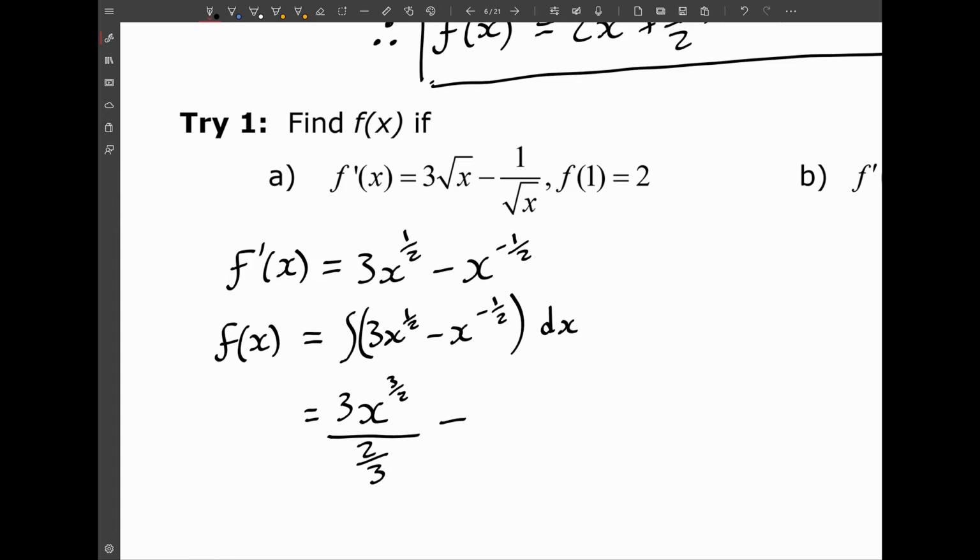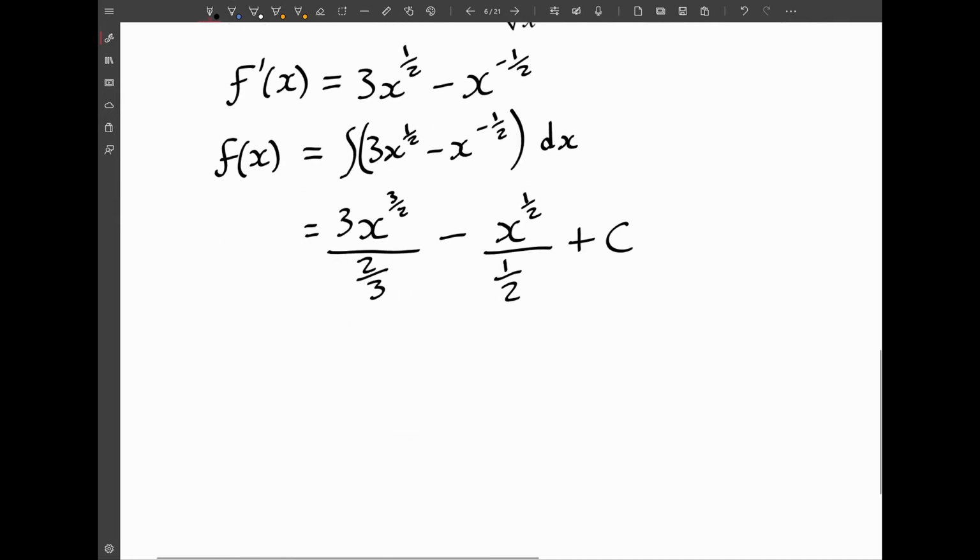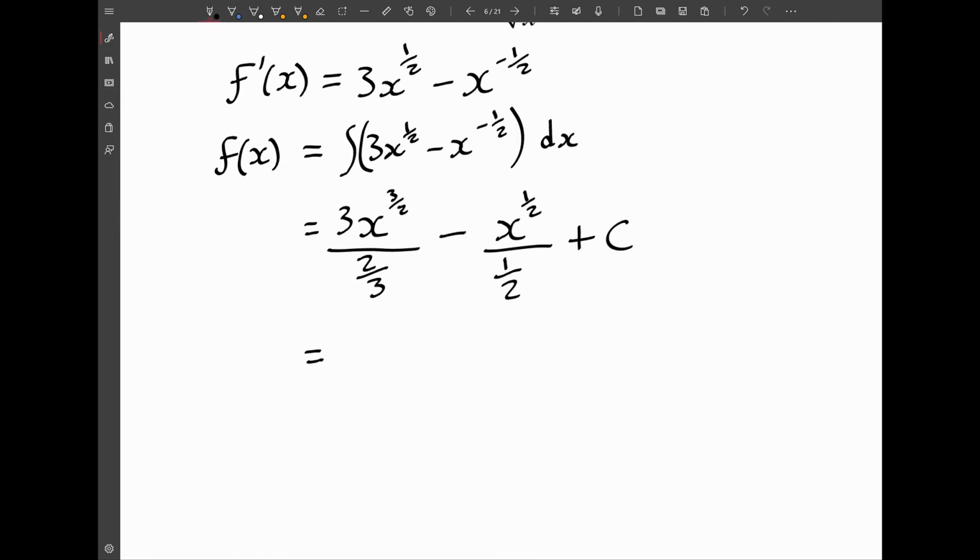And if we add 1 to negative 1/2, we get x to the positive 1/2 divided by 1/2. And, of course, we have to add a c. Simplifying this a little bit, we get 2x to the 3/2 minus 2x to the 1/2 plus c.